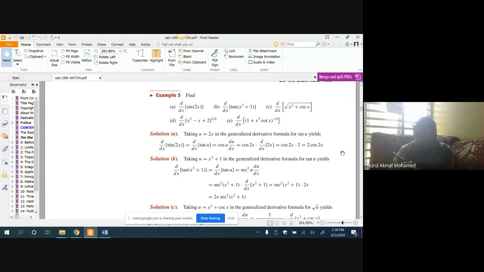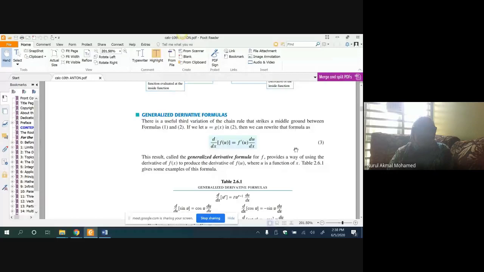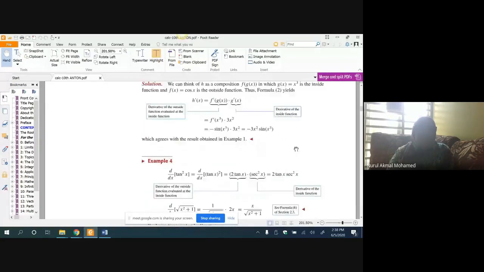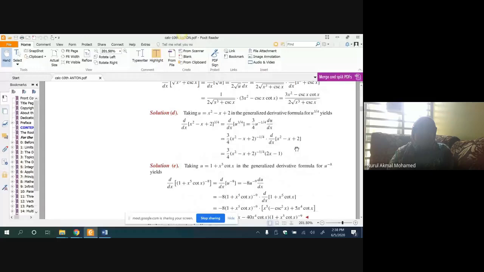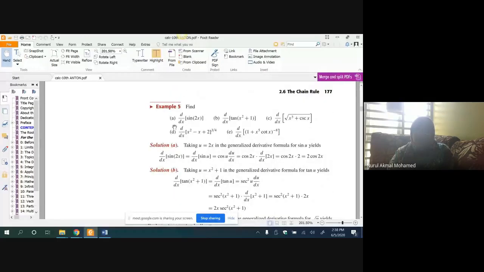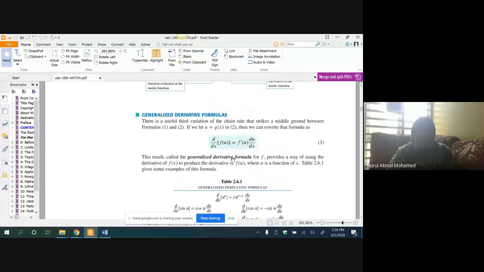So this is by using chain rule. When we deal with this kind of problem, like in this example A, we can use chain rule. Chain rule is when you define another variable u as the sub variable in the expression. But this book also introduced a generalized derivative formula.